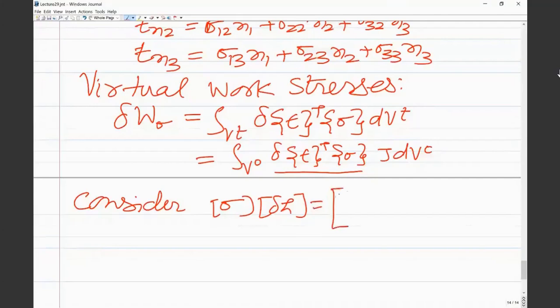Sigma is of course sigma 11, sigma 12, sigma 13, sigma 21, sigma 22, sigma 23, and sigma 31, sigma 32, sigma 33.